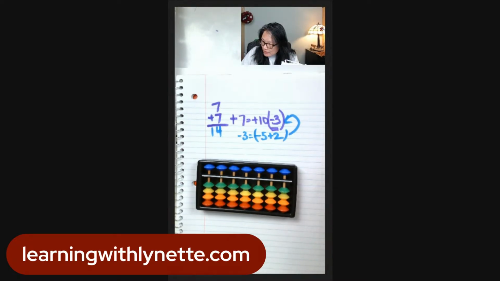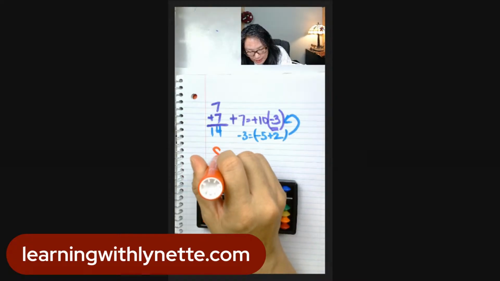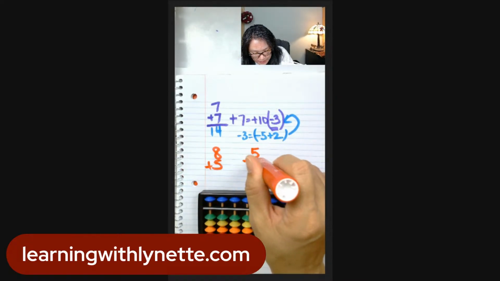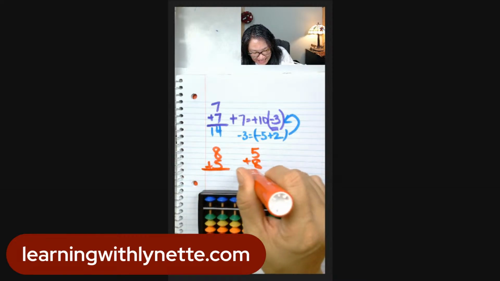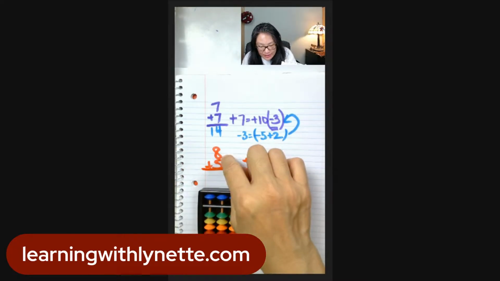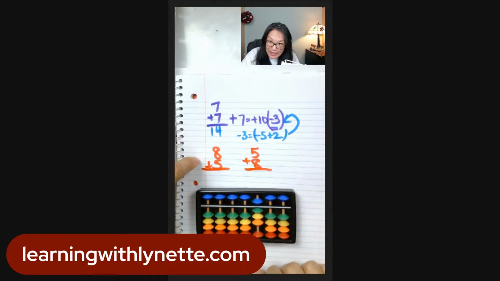One of my parents was like, well, isn't it the same when we do 8 plus 5 and 5 plus 8? And I'm like, yeah, no. Why? Because it's always about the add-in. The add-in is what makes the difference, right? So when we have our abacus, I have 8 on my abacus, I want to add the 5.